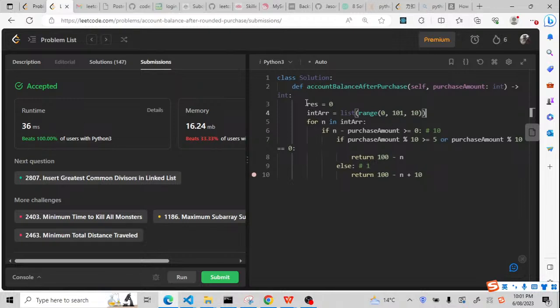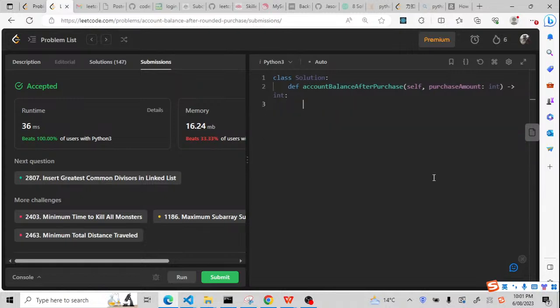But for this question we can also use a very simple mathematical formula. Basically, we're going to return 100 minus something. It can be 0 or 10 or some number, but it is related to the purchase amount. So we should use the purchase amount plus 5 and then divided by 10.